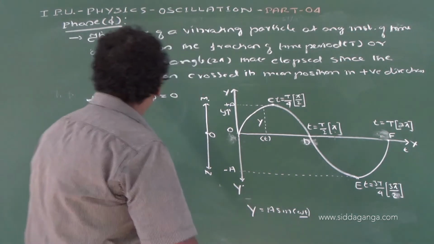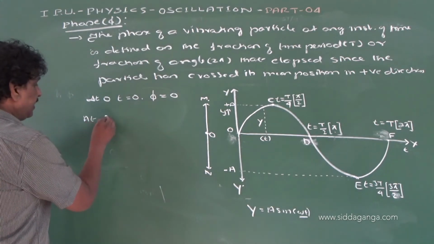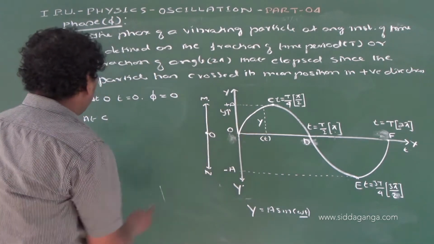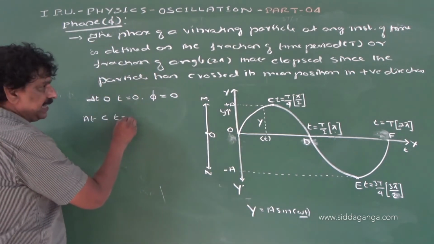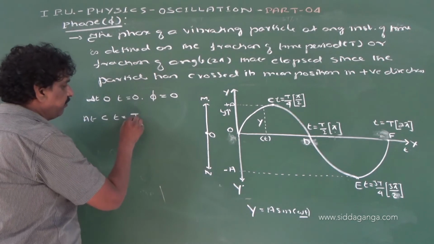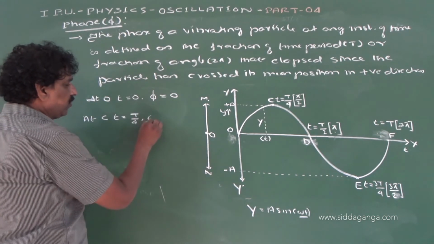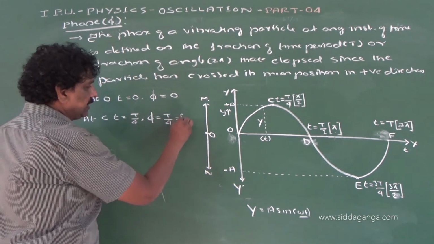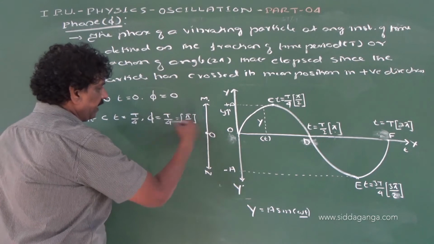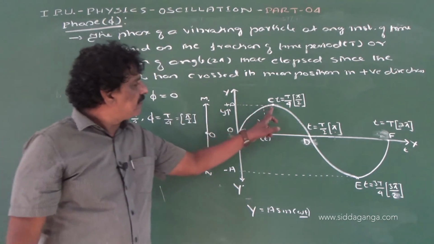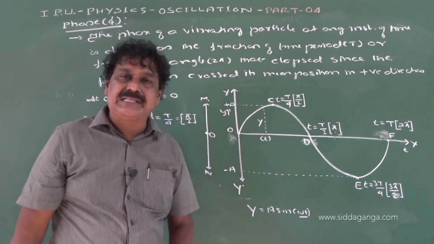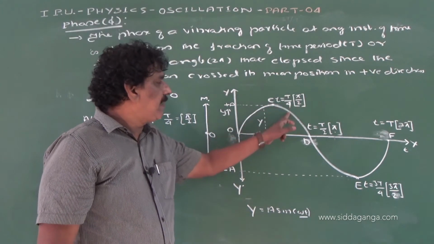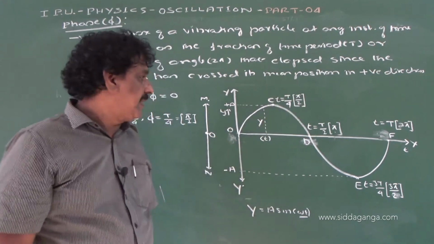Now at C or M here, the time taken is equal to T by 4. Therefore, phi is equal to T by 4 or that is equal to pi by 2. So the phase of the particle at C is T by 4 or pi by 2.